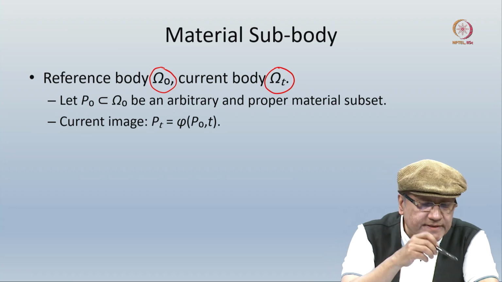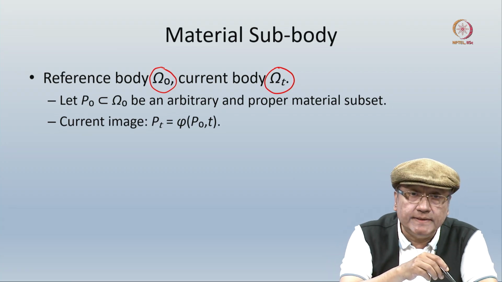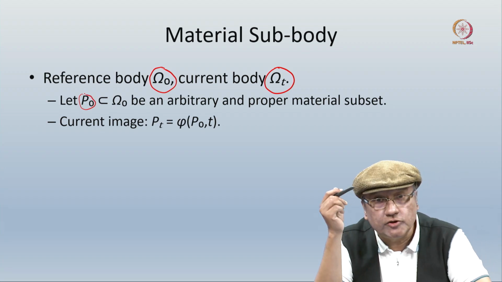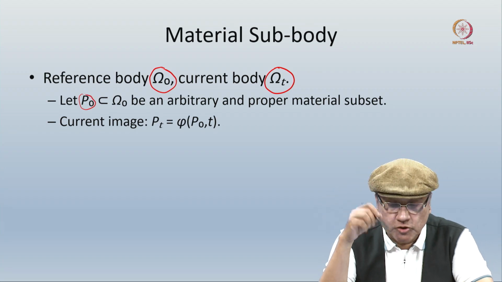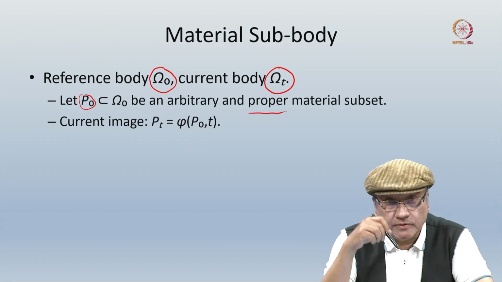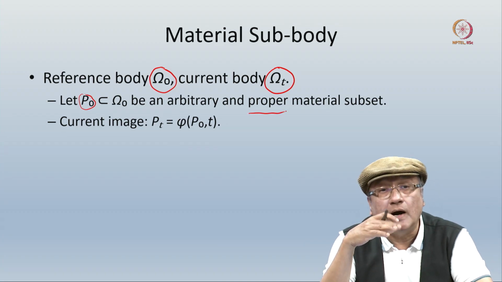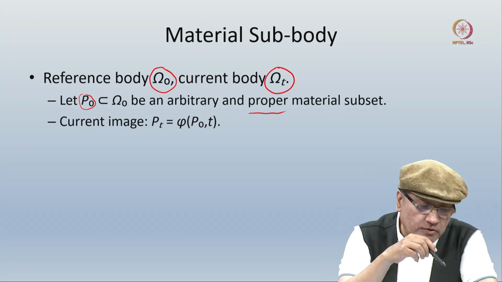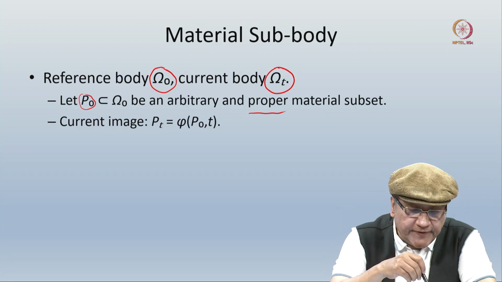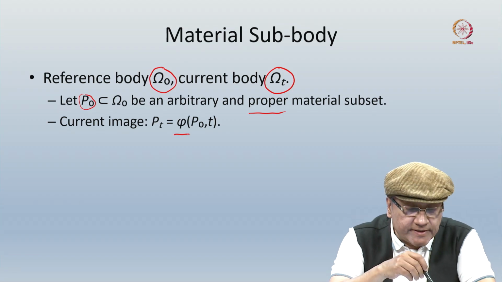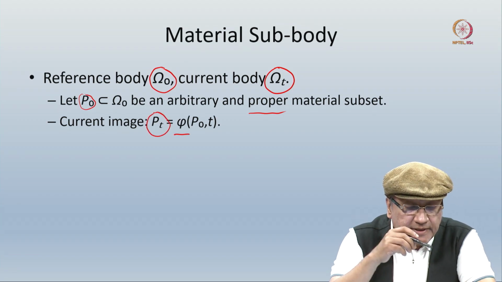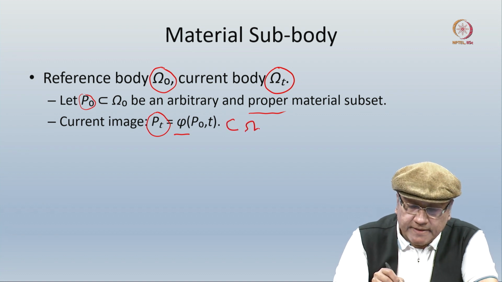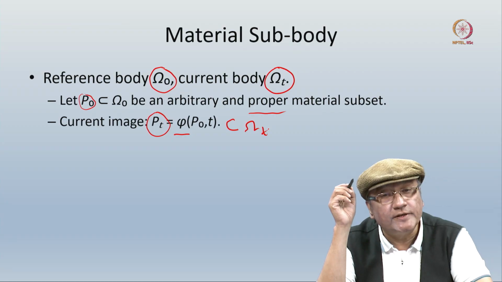Then you can take any arbitrary proper subset P0 of omega 0 in the referential body. It should be a proper material subset: no part of P0 should go out of omega 0. That particular P0 under the deformation map phi will be convected to the subset Pt, which will be a subset of omega t, that is the spatial body.